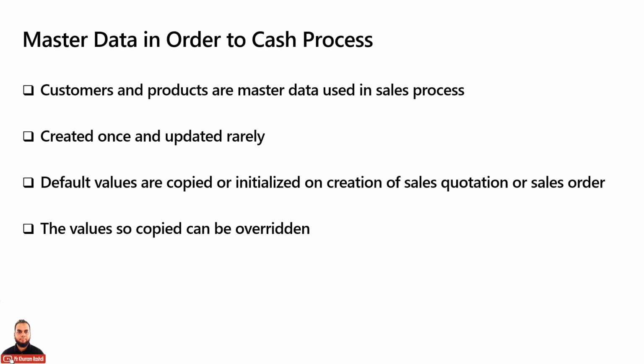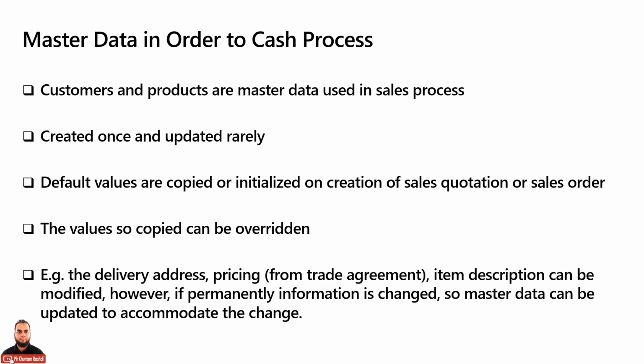The values which are copied can be overridden in the documents themselves, like the sales quotation or sales order. Once we have selected the customer or products, we can change the values which are copied. Examples are the delivery address, or pricing details, like pricing coming from a trade agreement.